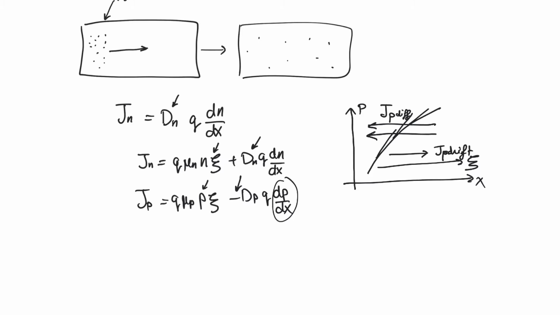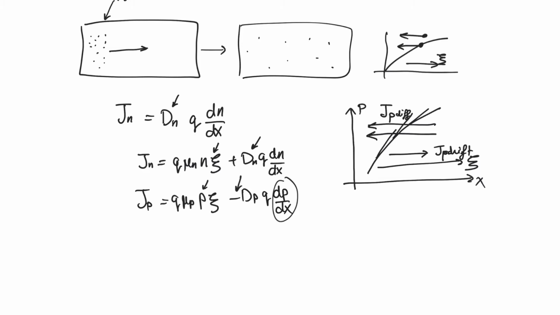Same applies for electron concentration. If we had an electron concentration that looked like this, then the diffusion of electrons would be in this direction. But if the electric field was positive, then electrons would drift in the opposite direction, and so the drift and diffusion components of electron current have to add up.